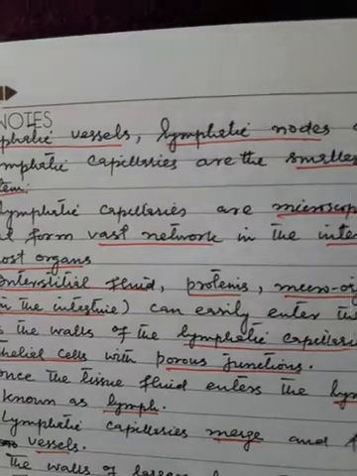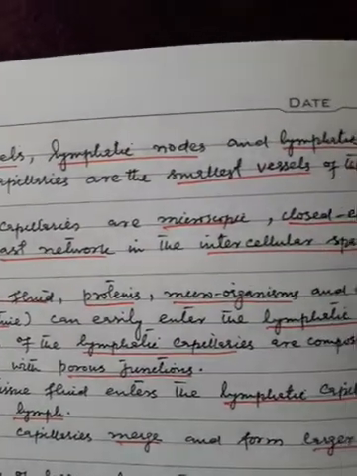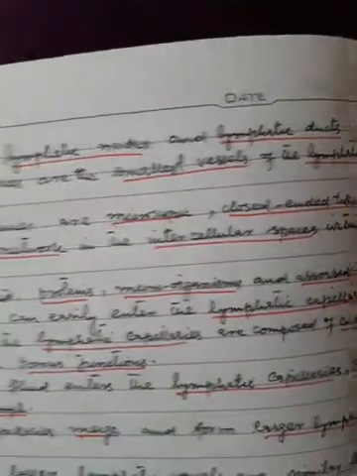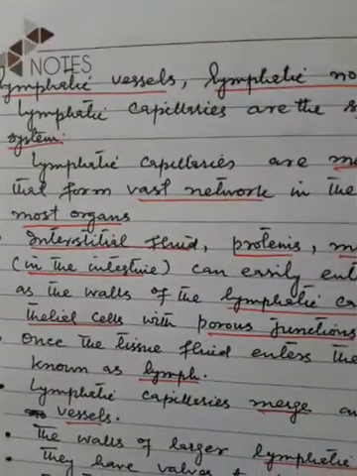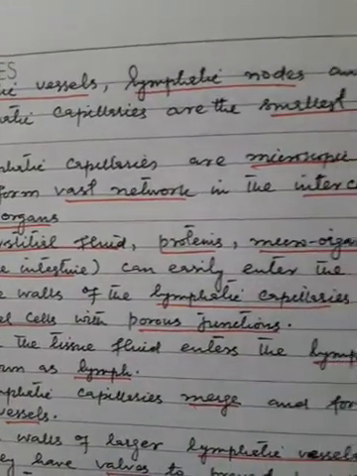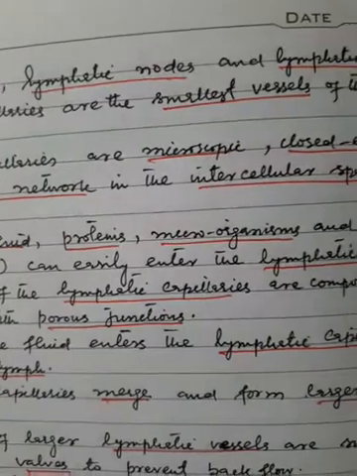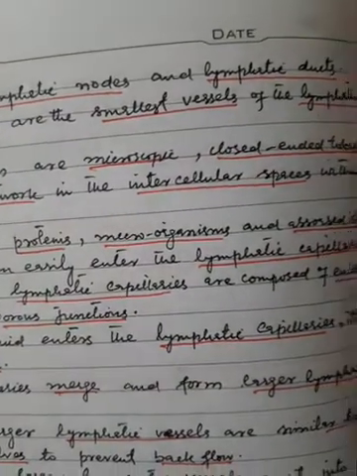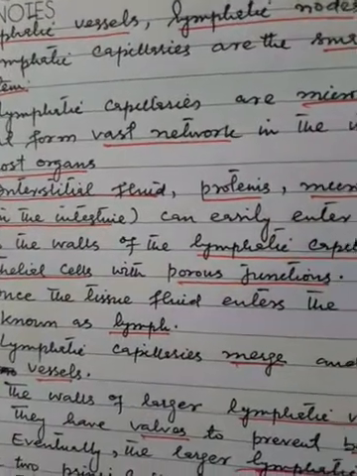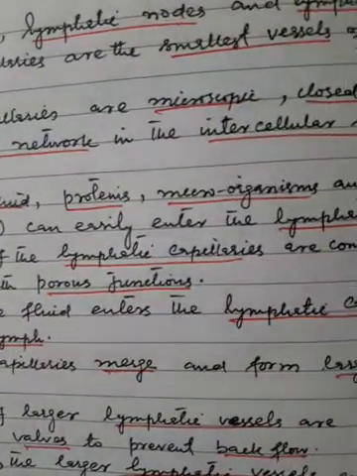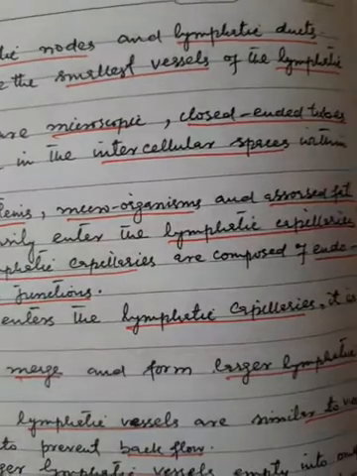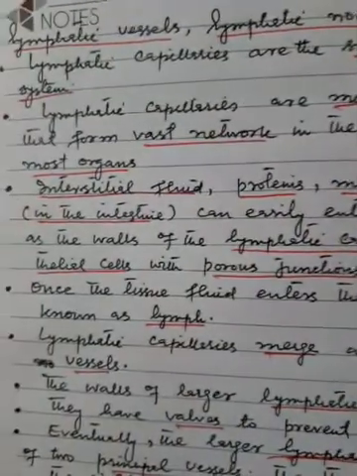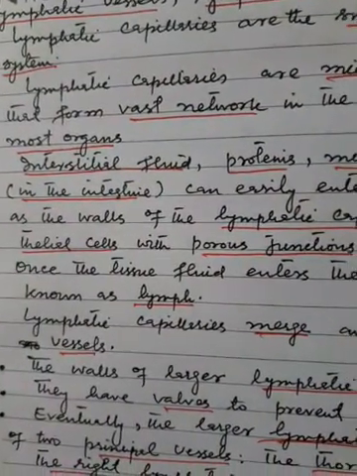Lymphatic capillaries are the smallest vessels of the lymphatic system. Lymphatic capillaries are microscopic, closed ended tubes that form a vast network in the intercellular spaces within most organs.